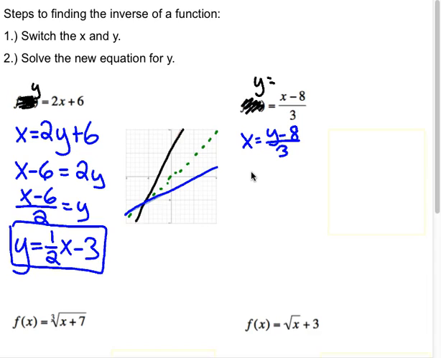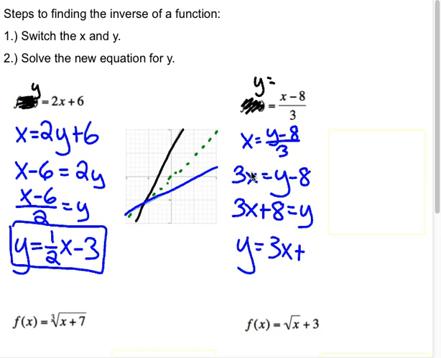So I'm going to multiply that 3 over, and I'm going to add the 8 over. So my inverse function is going to be y equals 3x plus 8.